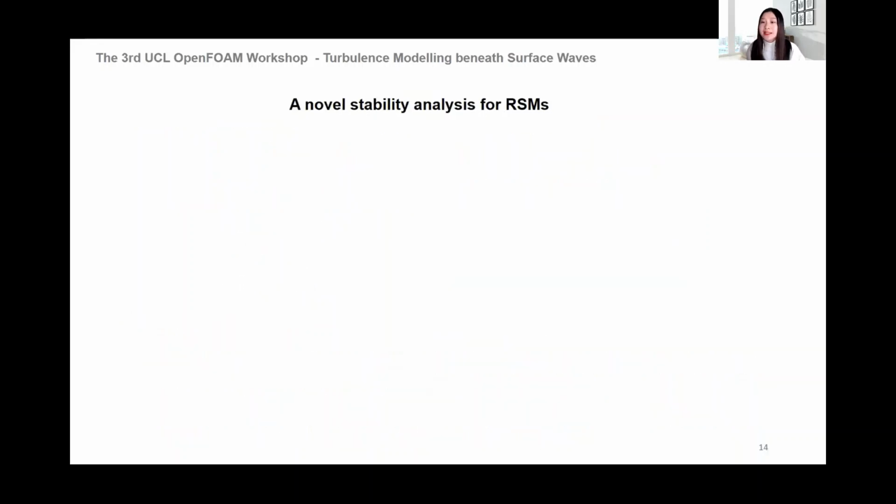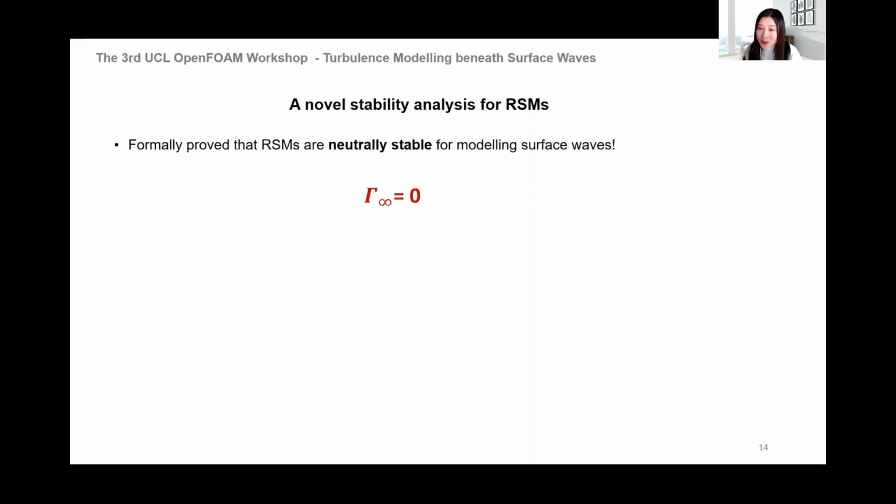So we have conducted normal mode stability analysis for RSMs. RSMs are not as easy to analyze as two-equation models, so we had to come up with some new tricks for the stability analysis. We assumed it might be unstable, but contrary to our original expectation, we formally proved that RSMs are stable for modeling surface waves.